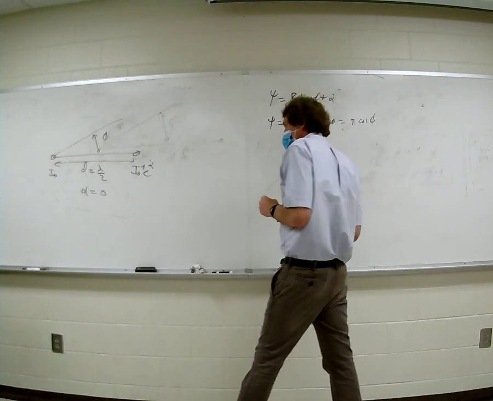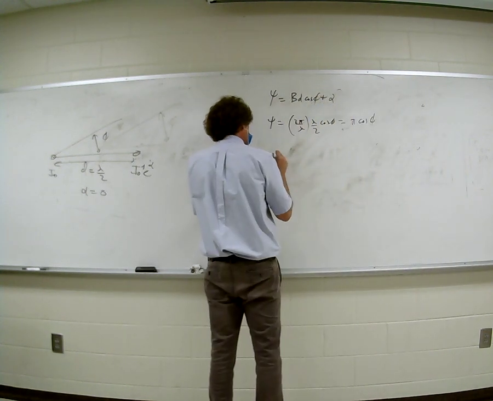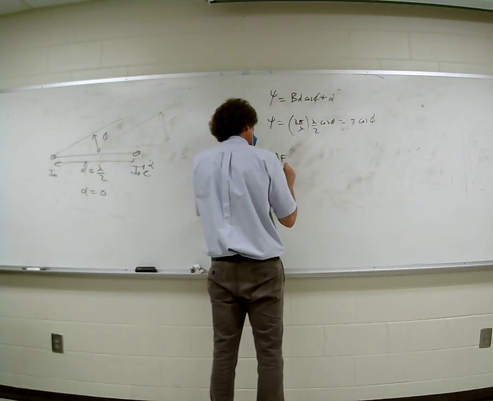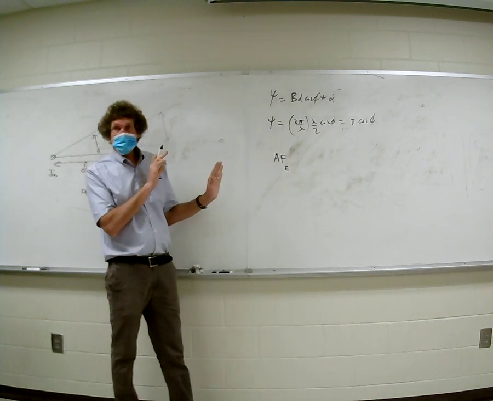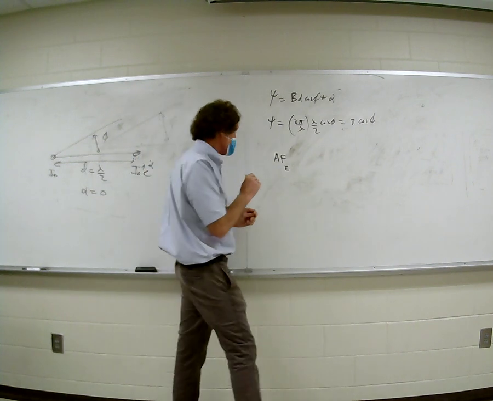All right. Now, what's the effect on the electric field? I'm going to put a sub e there. This is the array factor I multiply the electric field of any element by.